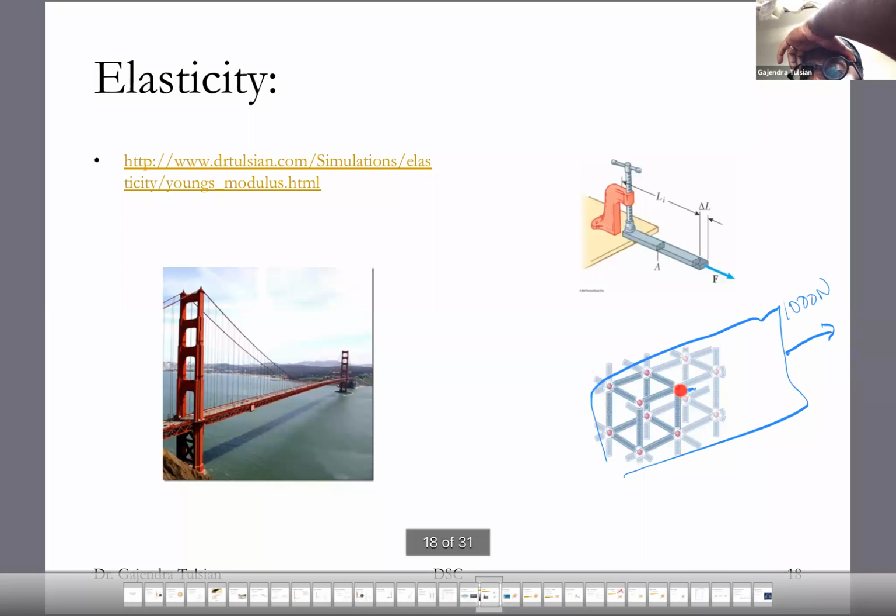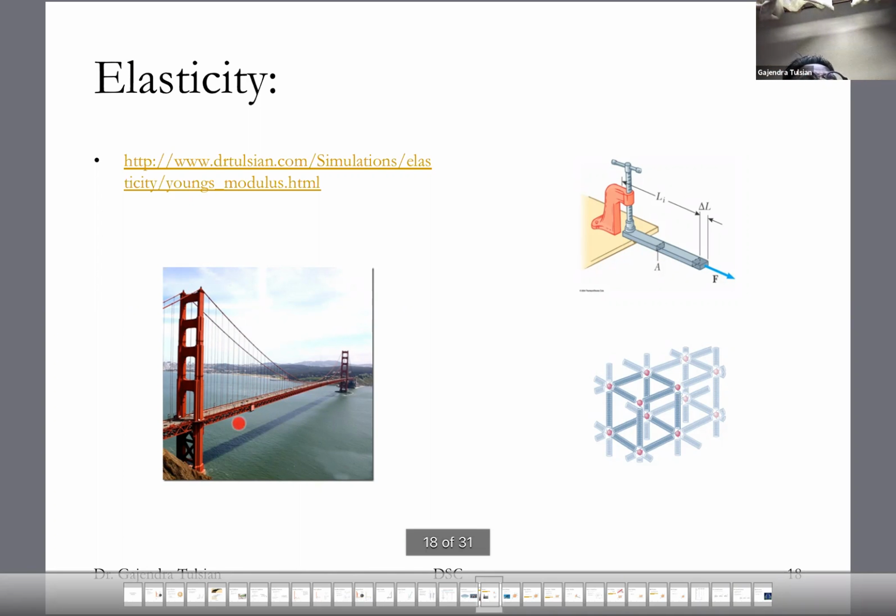Now let's look at an application. We are interested in this kind of stuff for the following reason. Let's say here's a bridge, and you have vehicles going over the bridge, and every time the load on the bridge increases, these cables supporting the bridge stretch.